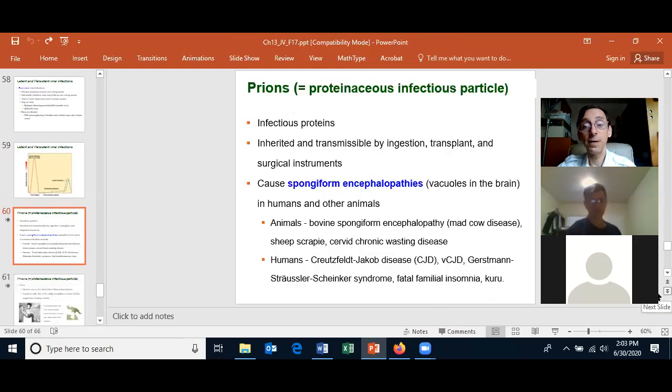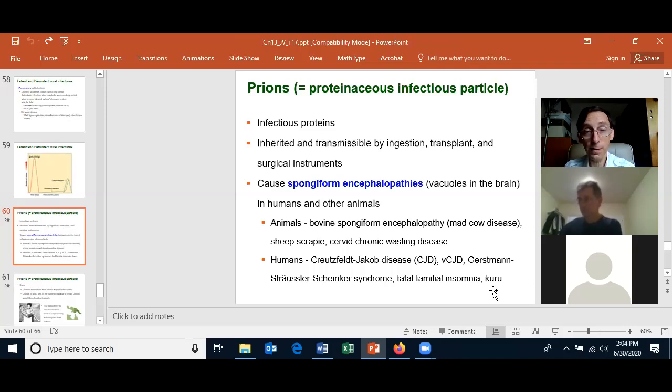If not, let's move on to prions. Prions are infectious proteins, and that's what the name comes from, proteinaceous infectious particle, and that's what a prion is.